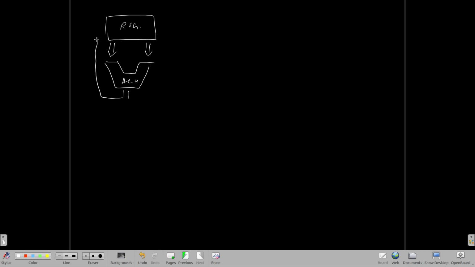So first of all, we have the ALU, and it is connected to the registers. And we have the control unit. It controls everything.